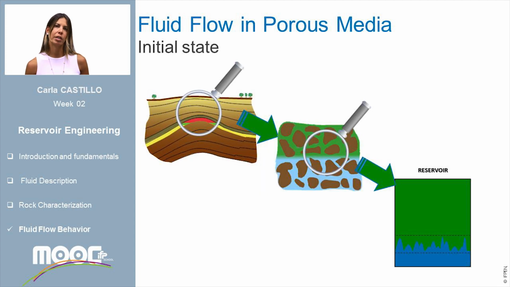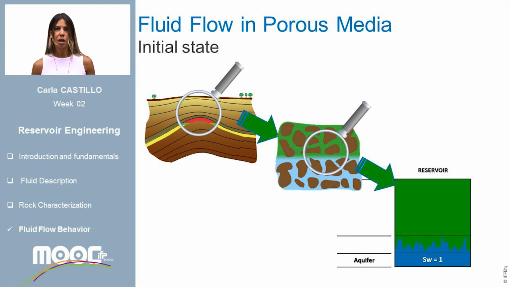As presented previously, the saturation of the fluids, oil and water, is an important definition in both displacement and recovery. In order to know the oil and water saturation in the reservoir, three zones are identified. The aquifer or water zone, where there is 100% of water, so the water saturation is 1. The oil lake or oil column, where the only water in place is the irreducible water saturation, connate water saturation, Swc.